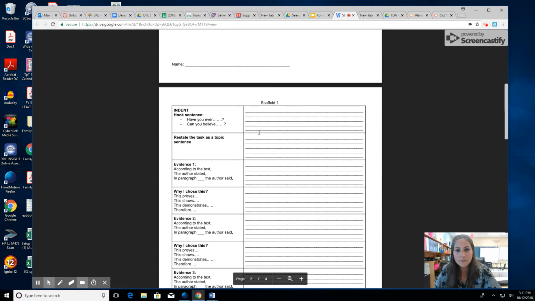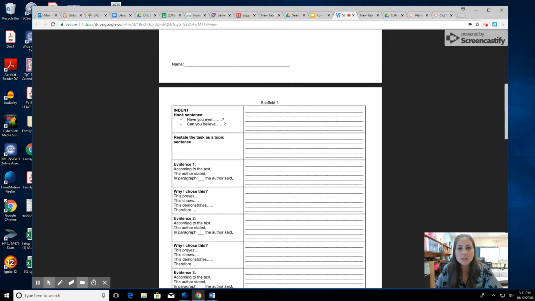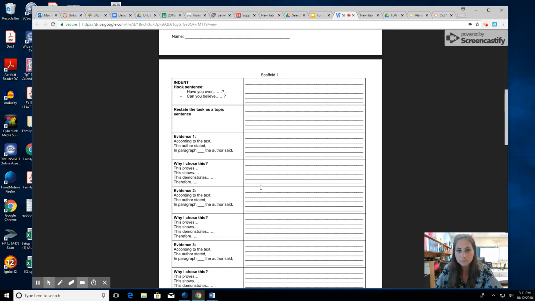Here I have the first scaffold, which would be appropriate for probably our level 4 and up students. This is a great graphic organizer that they would use to write their response to the TDA question.